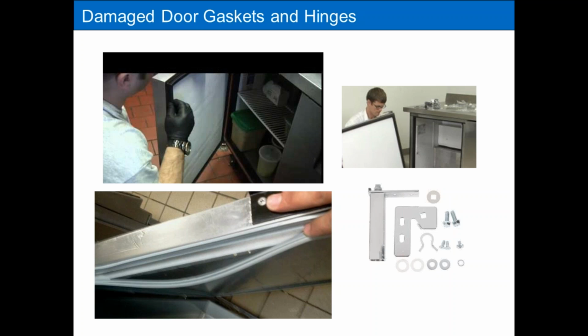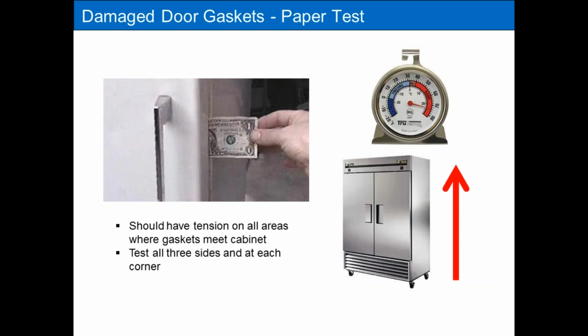Here is a quick test to test the integrity of a door gasket. It's a dollar bill test. Put the dollar bill between the cabinet and the door, and it should give you a slight resistance as you pull on it. If the dollar falls on its own or has no resistance when you pull it, the gasket is not good.